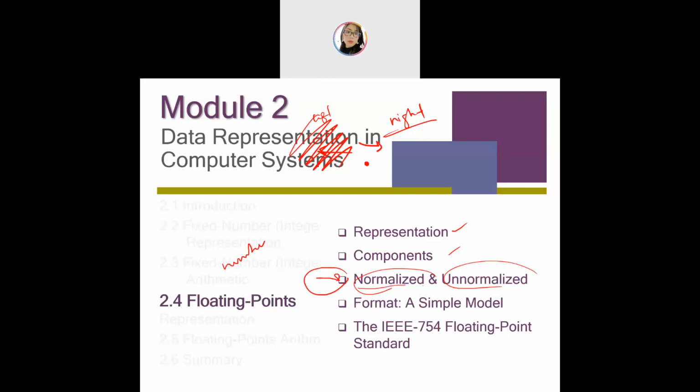Standard normal normalization, but sometimes the question mentions IEEE. There is also an IEEE normalization, and it is different, so we need to focus. There are two normalizations, depending on normal normalization and IEEE normalization. It will be mentioned in the question, okay?